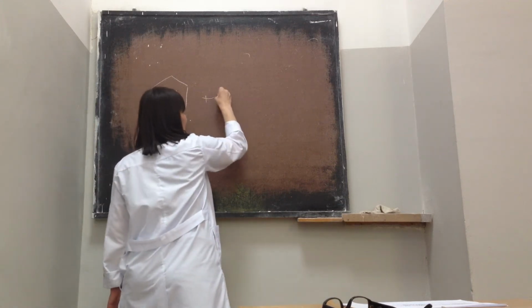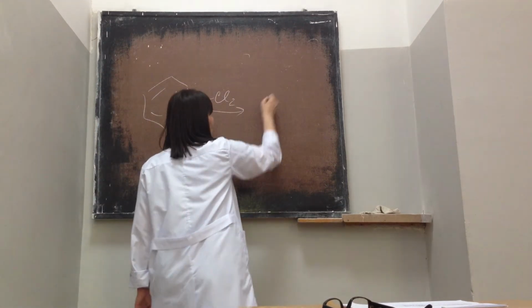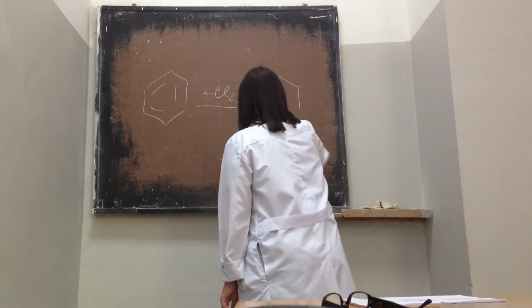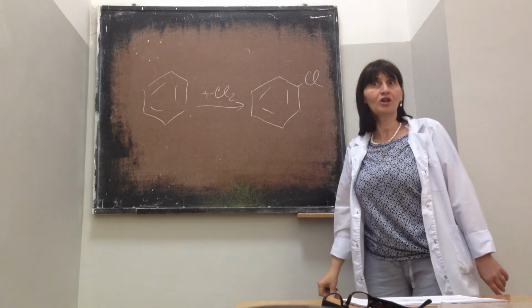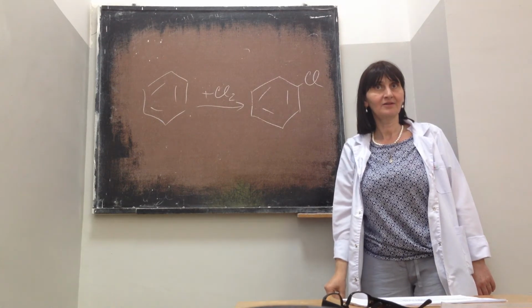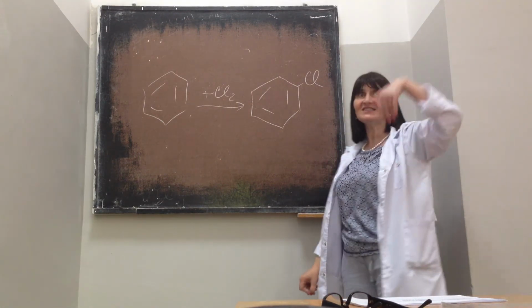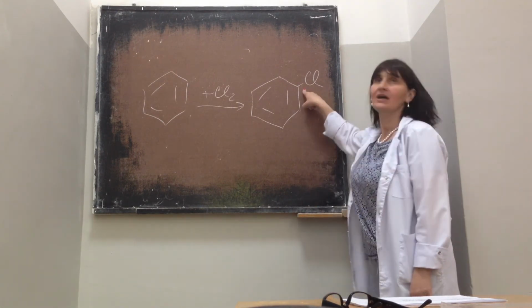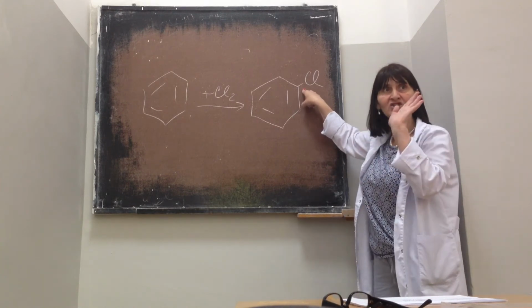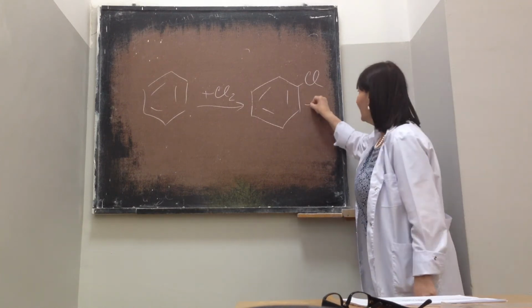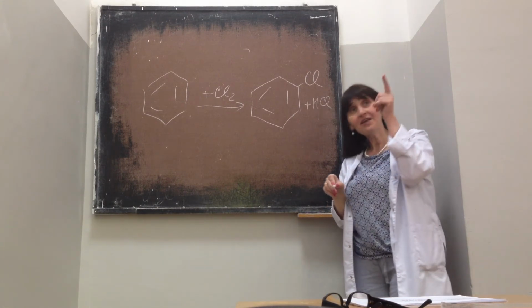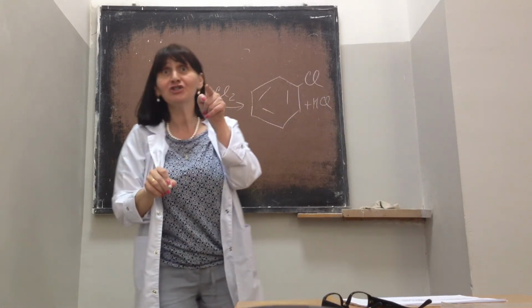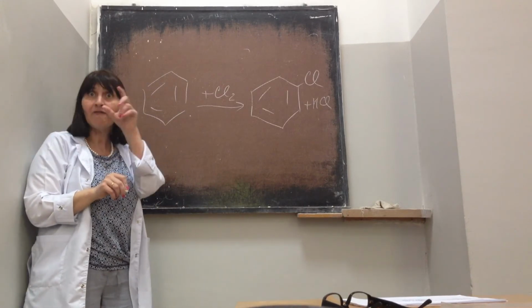So plus Cl2, here you get this molecule, chlorobenzene. So this is a substitution reaction. Chlorine substitutes one H atom, and you get plus HCl.